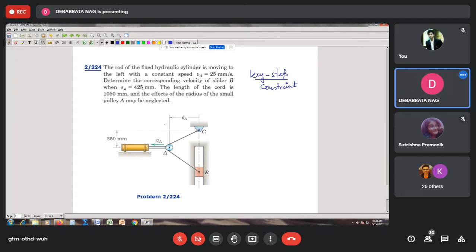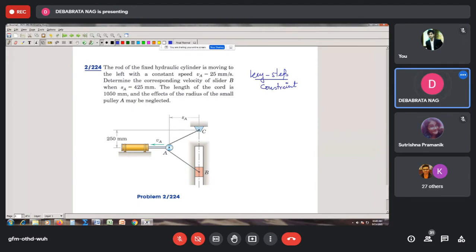Determine the corresponding velocity of the slider B when SA, this distance, is 425 millimeter, where the length of the cord is 1050 millimeter.